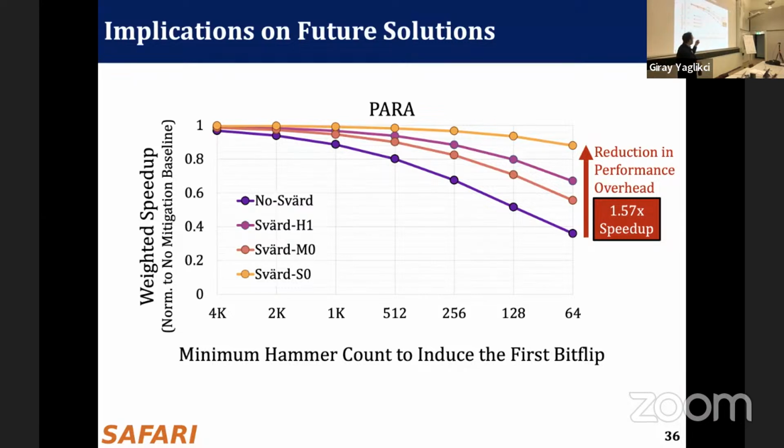But in our case, we use a proper threshold for each row based on the variation profiles that we collected from real chips. So in that case, the security level of the rows is the same. PARA was basically making some rows extra secure. That's the trade-off. We don't make them unnecessarily extra secure.